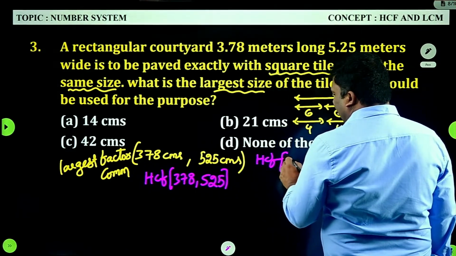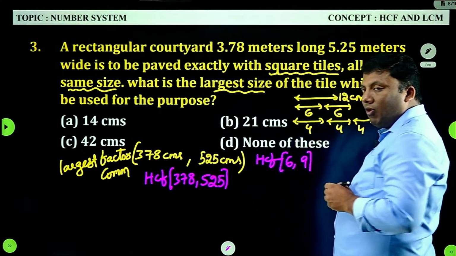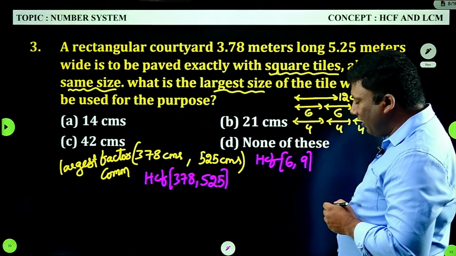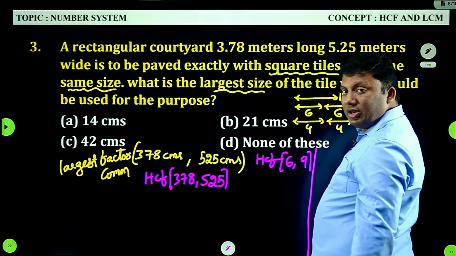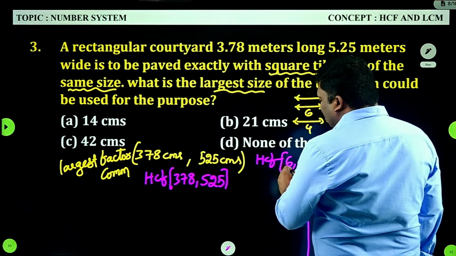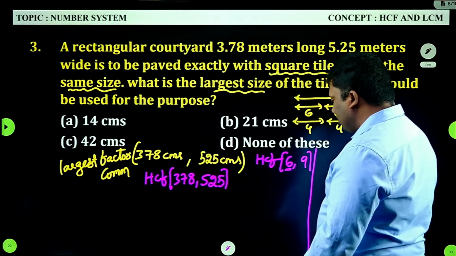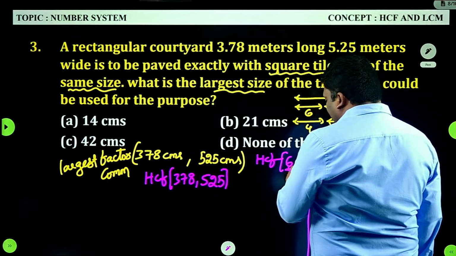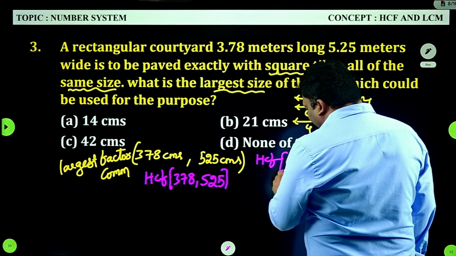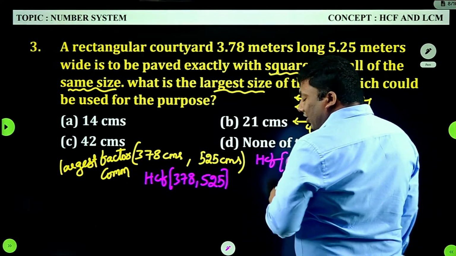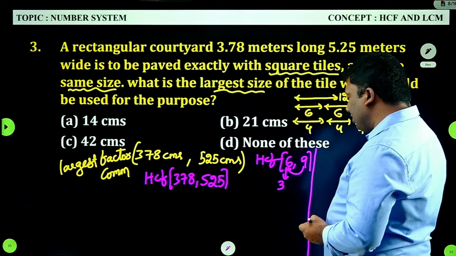I want to find out the HCF of any two numbers. To find the HCF of the numbers, go to the smallest number. Smallest number of 6 and 9 is 6. Check whether 6 will divide 9. No, it is not dividing. Take the factors of 6, largest to smallest. What is the largest factor of 6? 3.